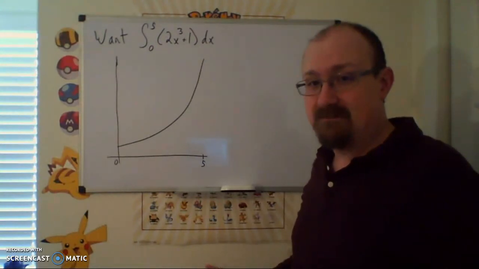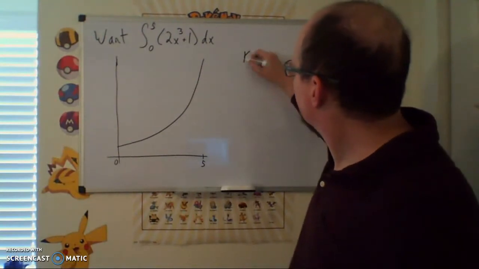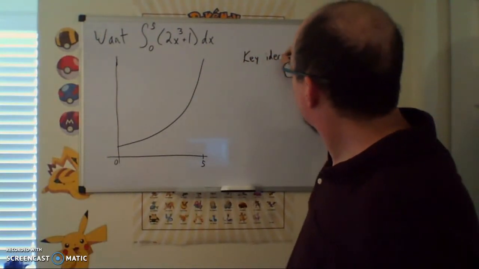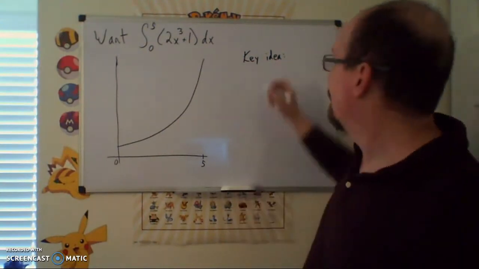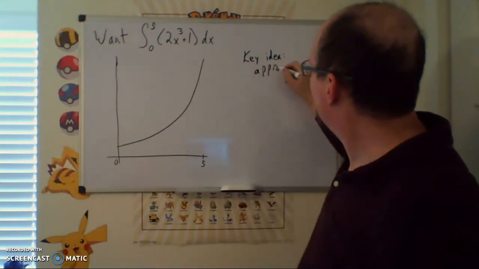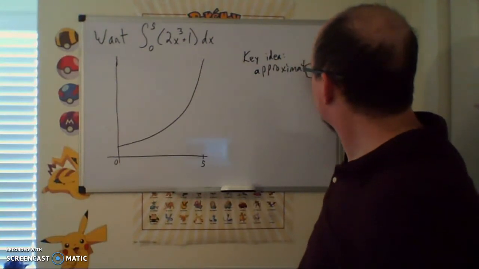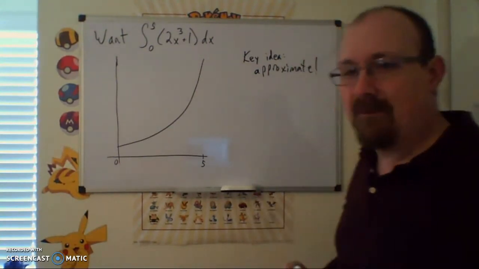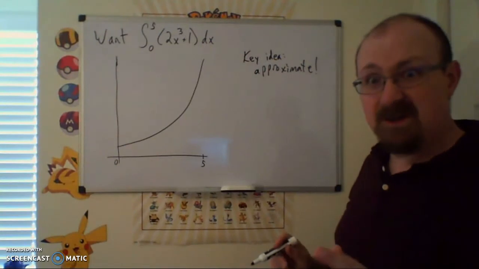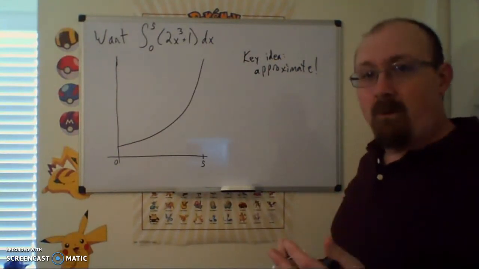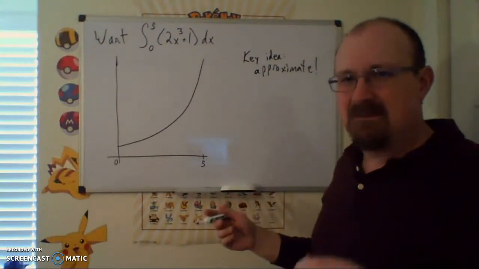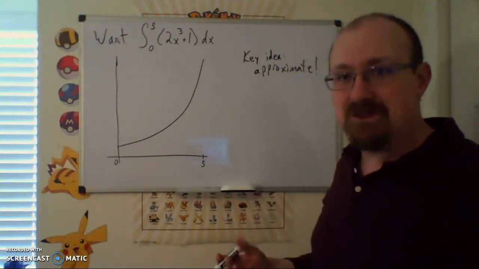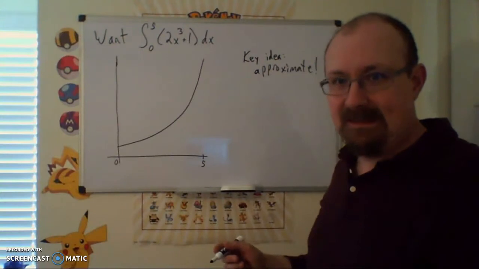Here's our process. So the big idea here is we're not going to try to get at it directly. We're going to approximate. This may sound a little bit familiar if you think back. That's okay. It kind of should. So what we're going to try to do is fill up this area using some kind of shape we can measure an area for really, really easily.